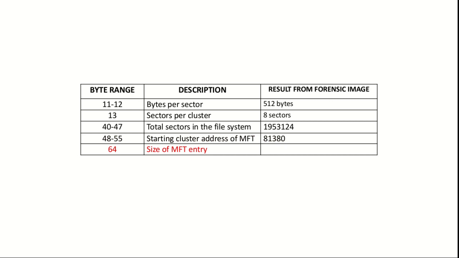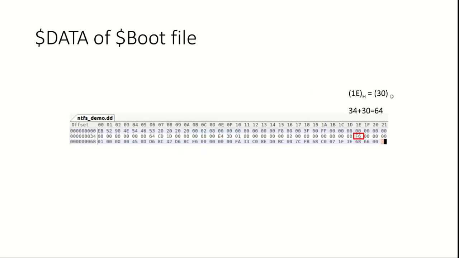Finally, let's find the size of one MFT entry from byte 64. Byte 64 can be located in the second row at hex offset 1E, which is decimal offset 30. So 34 plus 30 is equal to 64.